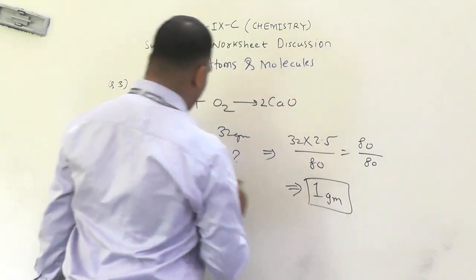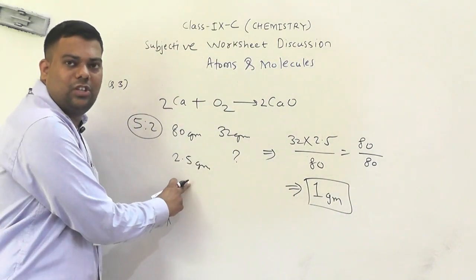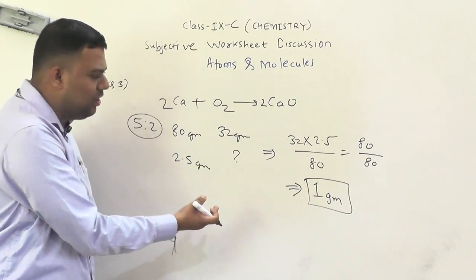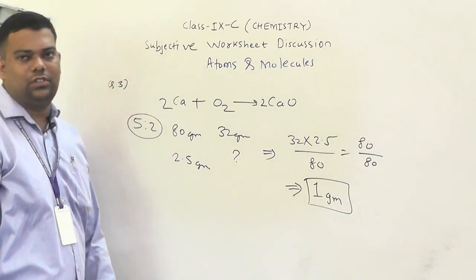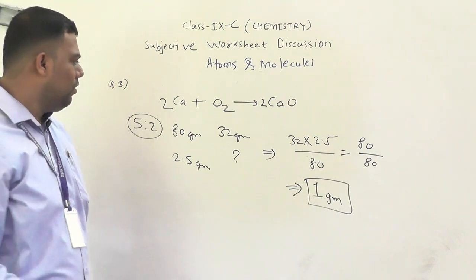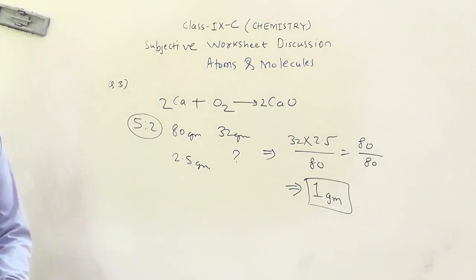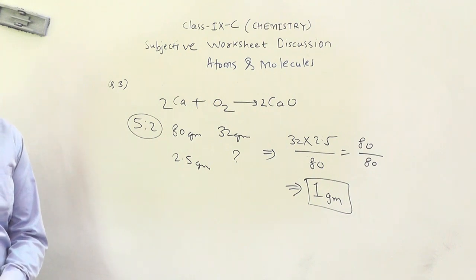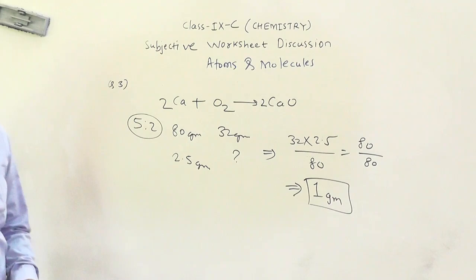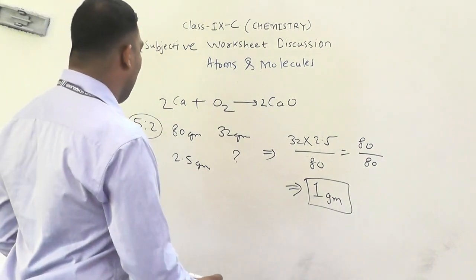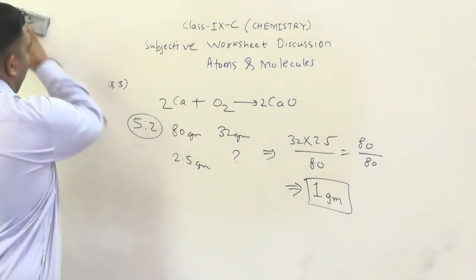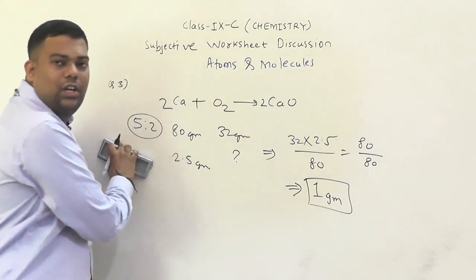So when 2.5 gram of calcium reacts, it needs 1 gram of oxygen. Understood? It is your answer. For that you must know the original molecular masses.